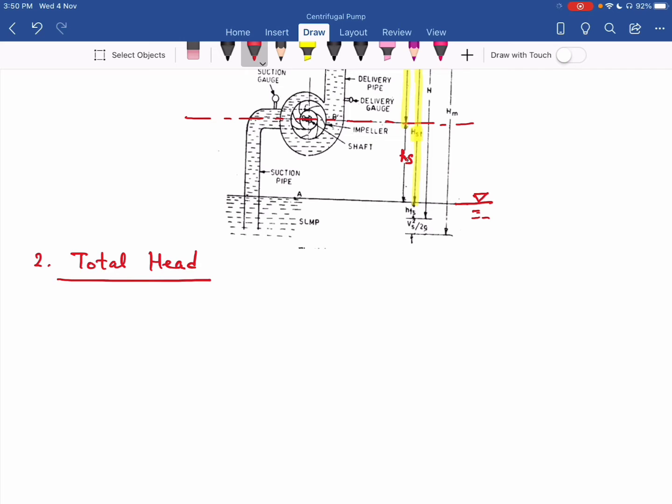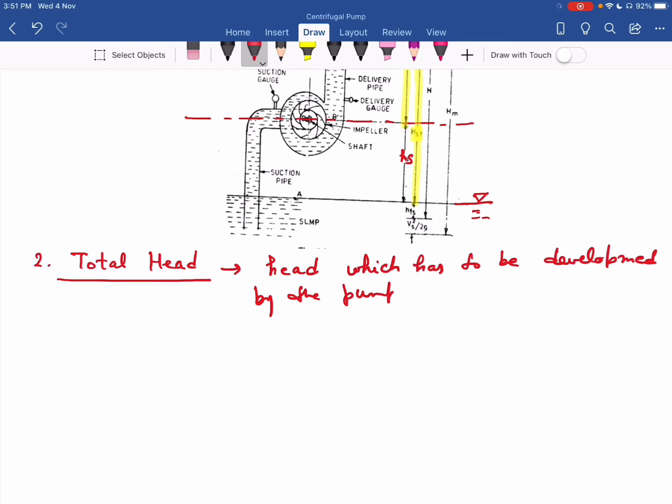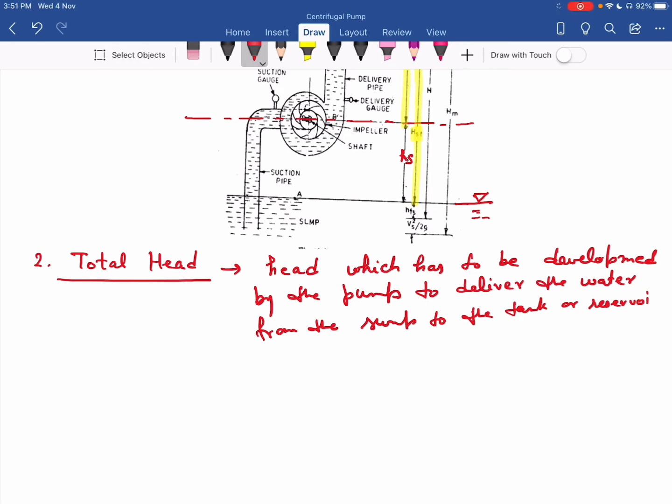Now it is the head which has to be developed by the pump to deliver the water from the sump into the tank or reservoir. So that is my total head.